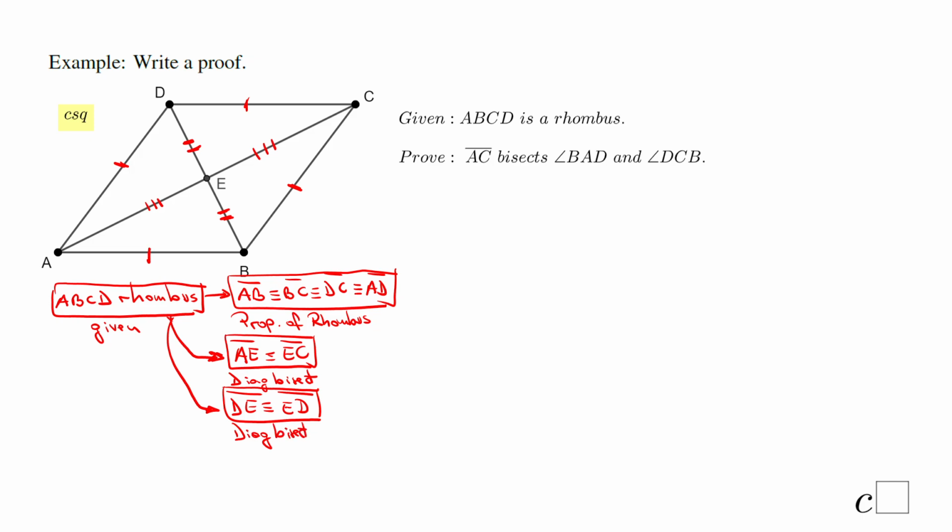Okay, but now, like I said, we're going to take two by two triangles, and I'm going to start with AE congruent to itself. And if you remember, that is the reflexive property.